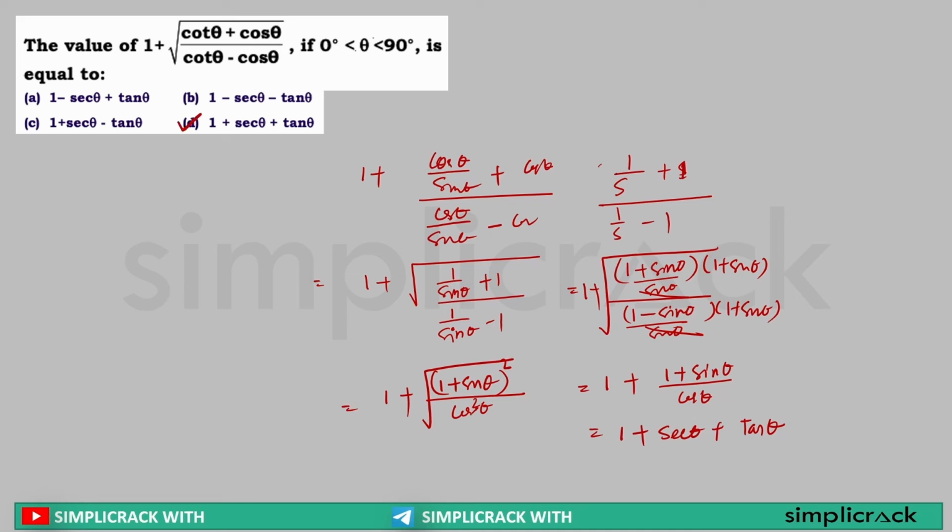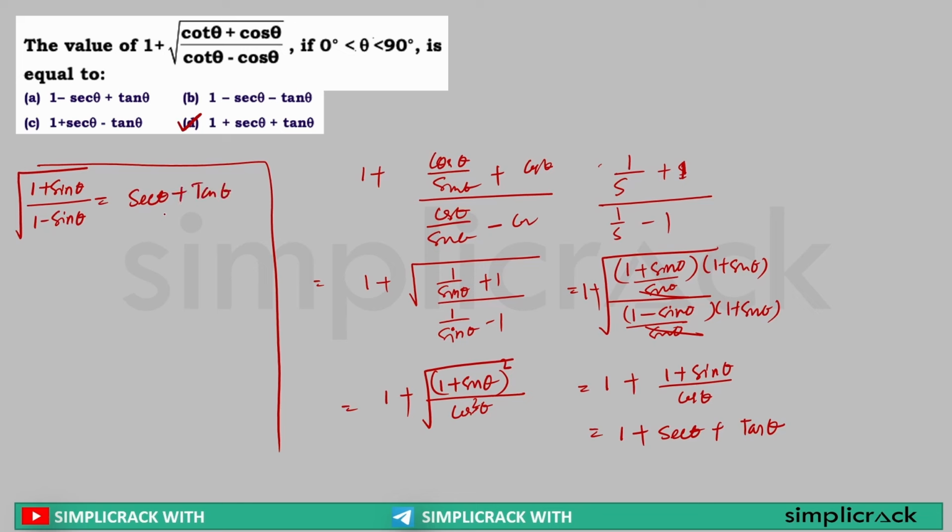Now either you can do all this or you can simply remember this fact. Square root of (1 plus sine theta) by (1 minus sine theta) is equal to sec theta plus tan theta. If it is given as square root of (1 minus sine theta) by (1 plus sine theta), it will be sec theta minus tan theta.